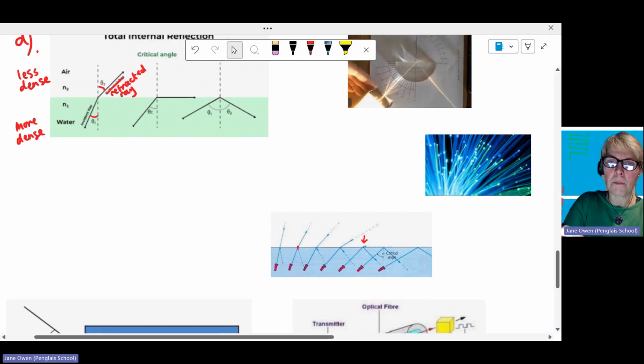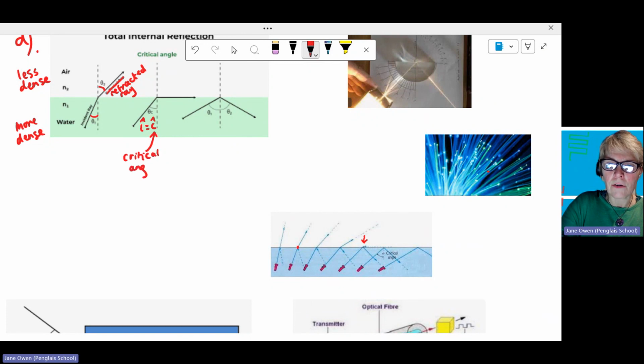And this is the point where the incident angle is equal to C, the critical angle. Now C here, I ought to put a hat on top to show that it's an angle. C equals the critical angle. It's that angle when what comes out as the refracted ray can't bend anymore, and that is the absolute limit. That is when that angle is at 90 degrees.